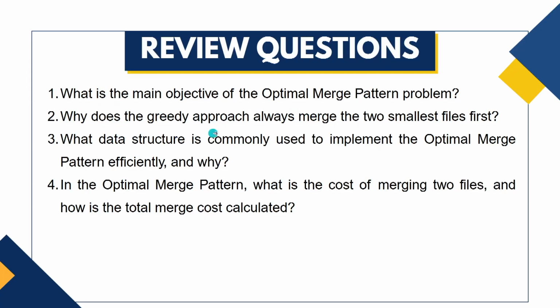And why does the greedy approach always merge the two smallest files first? We know that we want to minimize the access time, so the files that are merged first would naturally be at the leaf level in the binary tree, and as we go up the tree, the files at the leaf level also account for the data accesses that have to be made while combining them together.